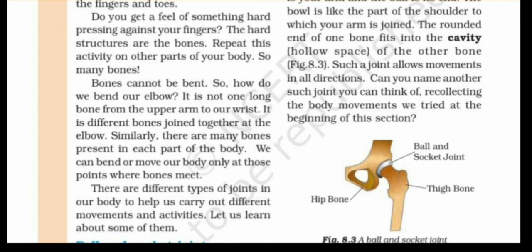We can bend or move our body only at those spots where bones meet. If there were a single bone from the upper arm to the wrist, we would not be able to bend our hands at the elbow. Because of the joints, at that part only we are able to bend our body and create movement. Otherwise the body cannot be moved.